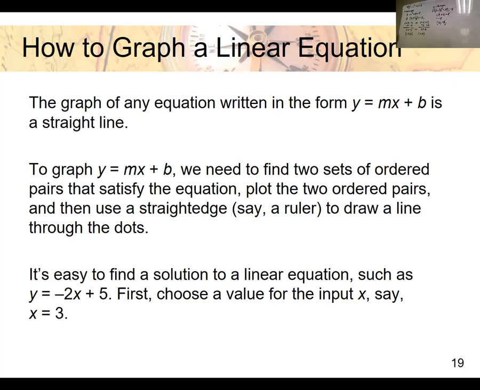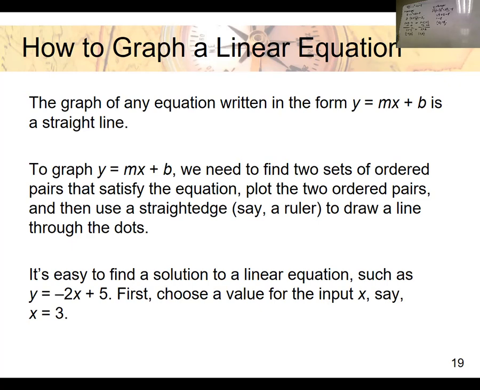To graph any linear equation written in the form y equals mx plus b, the graph of that is a straight line. If you recall back in college algebra, you did talk about y equals mx plus b. We call that slope-intercept form, and we'll go into more detail about that when we get into chapter 13.